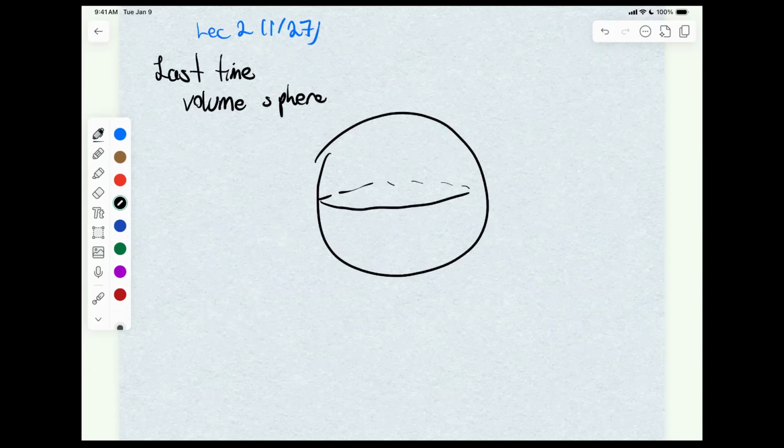The one that I used was to make cuts with planes that give you discs, like the ones that you see here. And then you imagine thickening those discs a little bit.